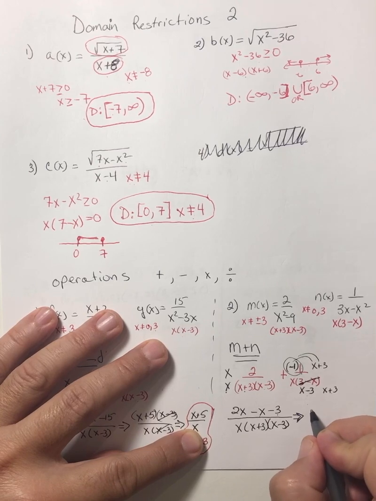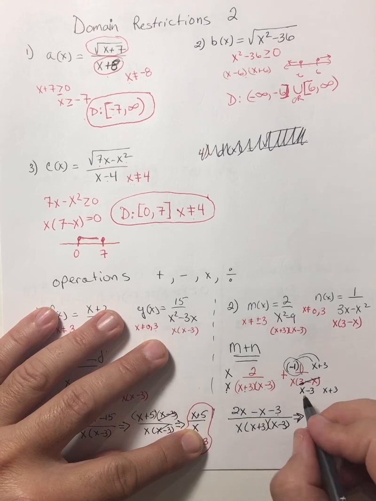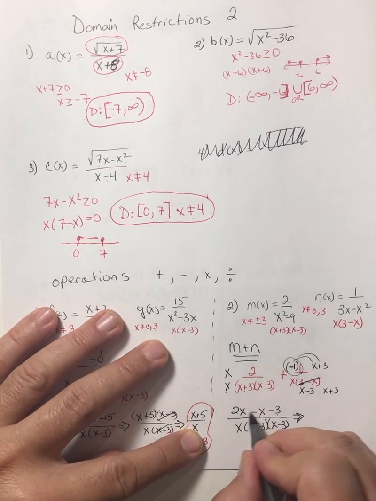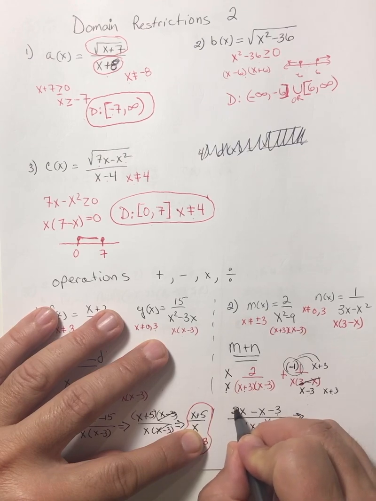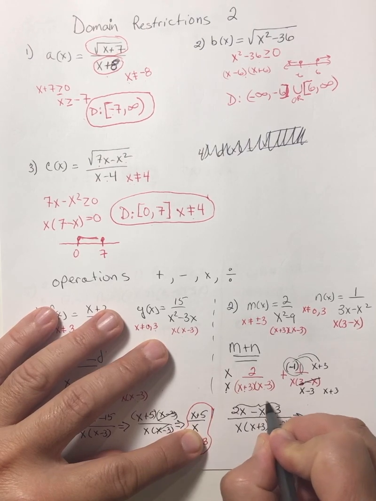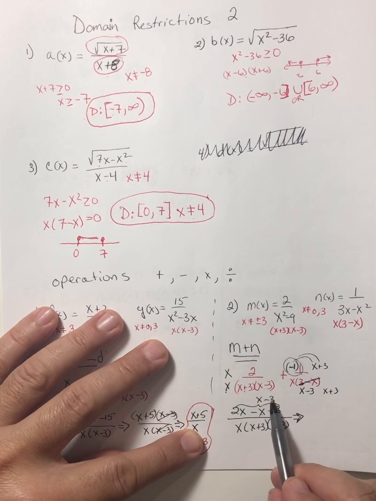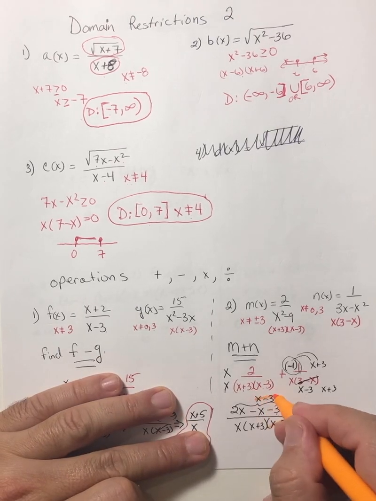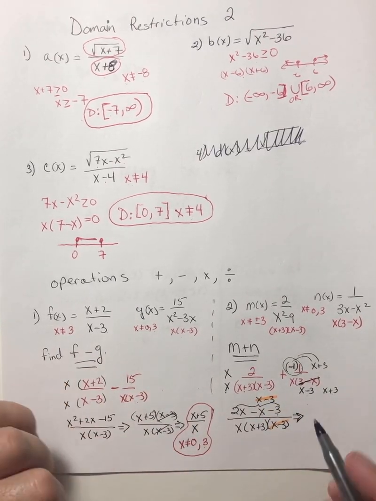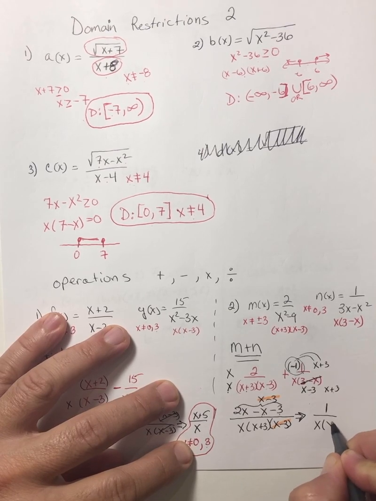Actually, to save space, 2x minus x, I get all of this right here gets x minus 3. Now look at this, x minus 3 here, x minus 3 here can cancel. So what do we have on top when it's all said and done? We have a 1 over x parentheses x plus 3.